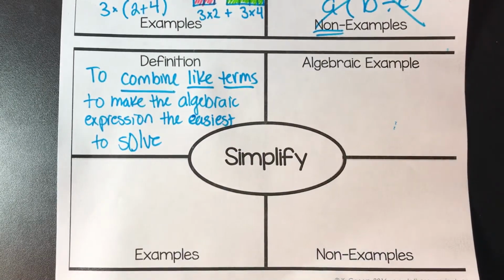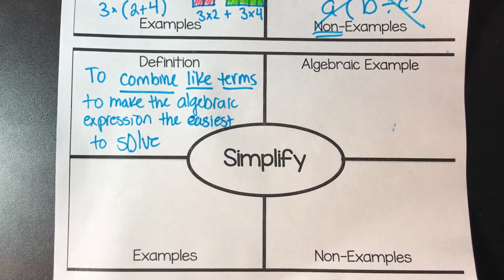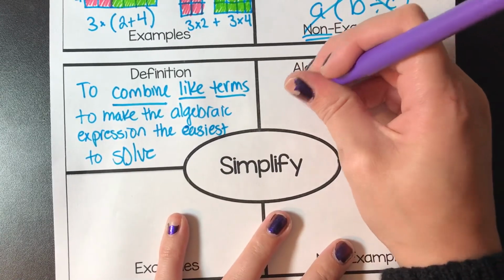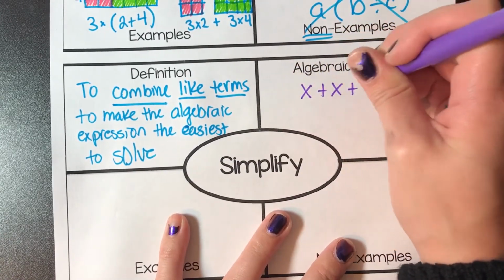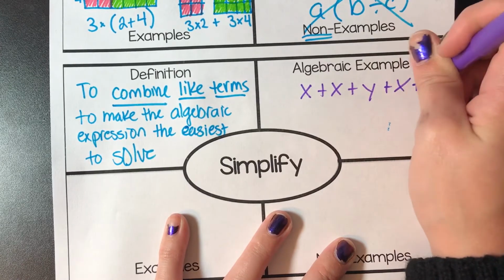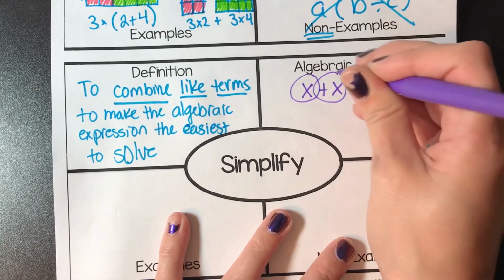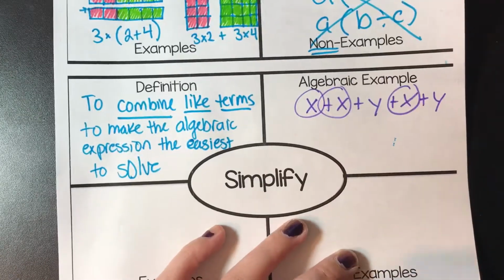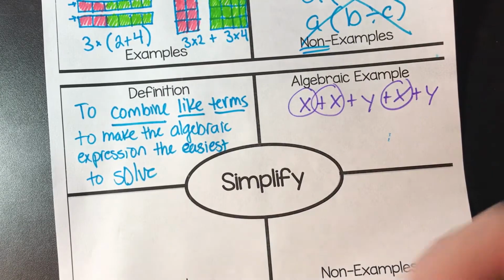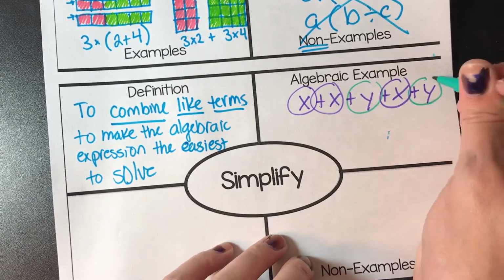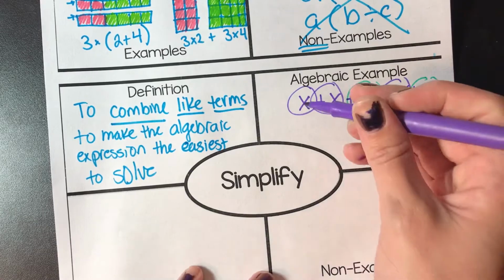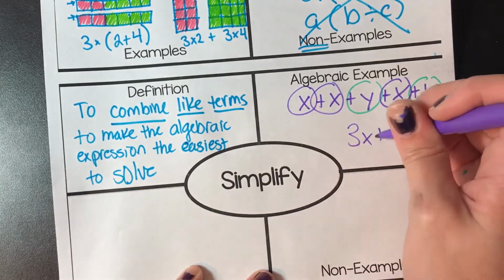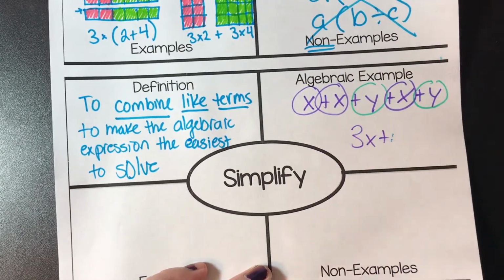An algebraic example would be like we had x plus y plus x plus y. If I combined all the x's together, and then if I also combined all the y's together, that would leave me with 3x plus 2y.